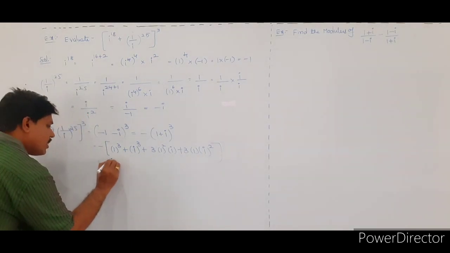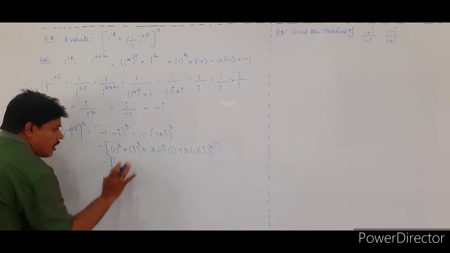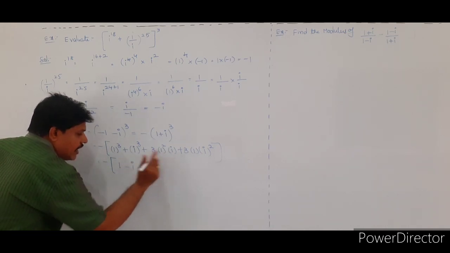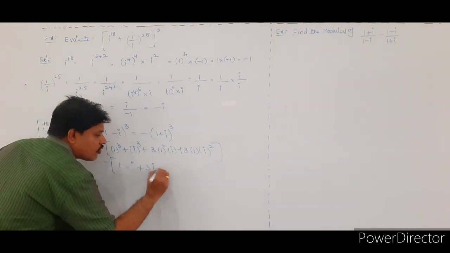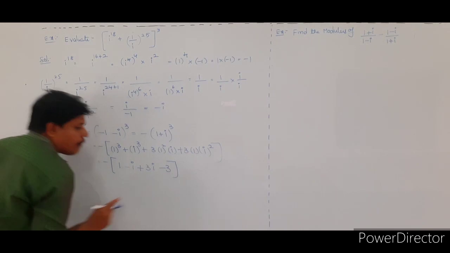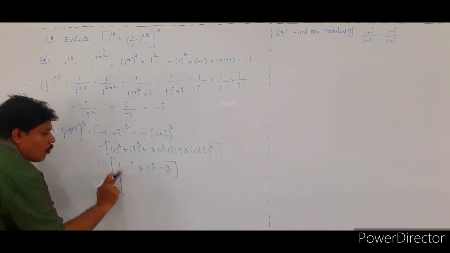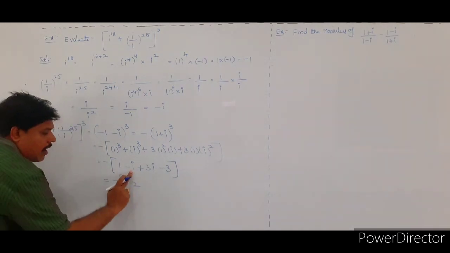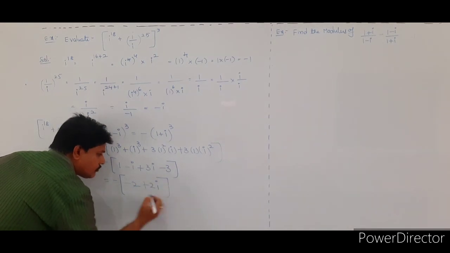So that is nothing but minus of 1 cube is 1, i cube is minus i, plus 3i, and i square value is minus 1, so it becomes minus 3. So that is equal to minus of (1 minus 3), that is minus 2, minus i plus 3i, that is nothing but 2i.